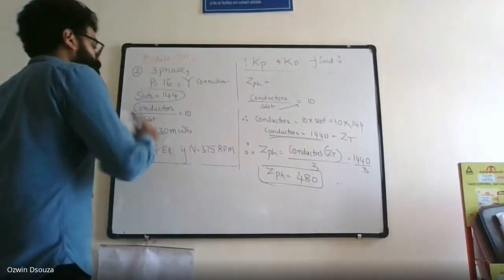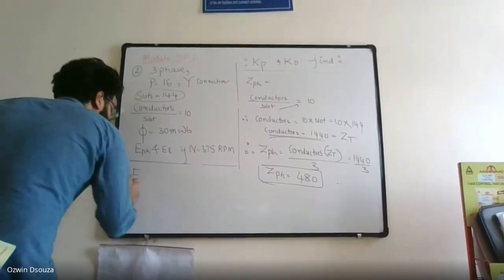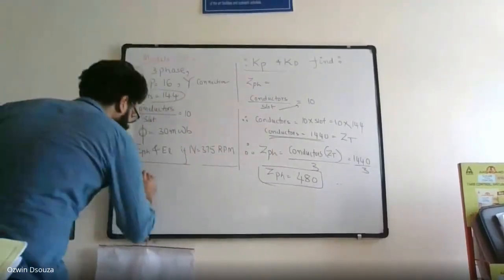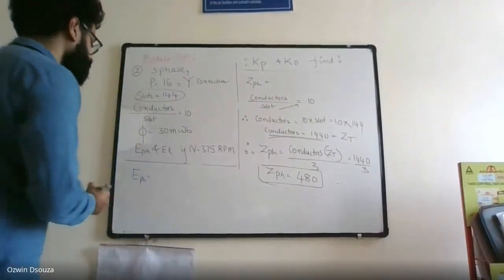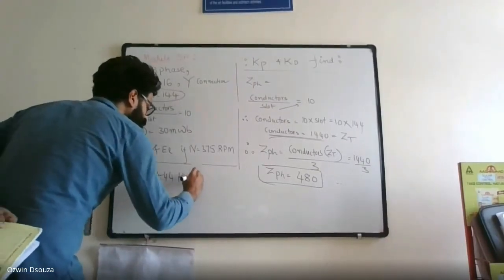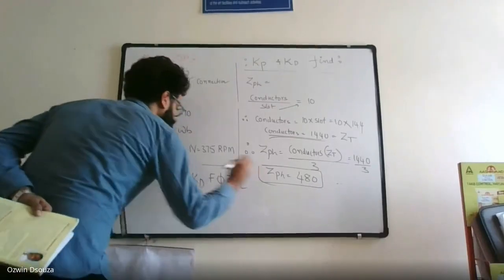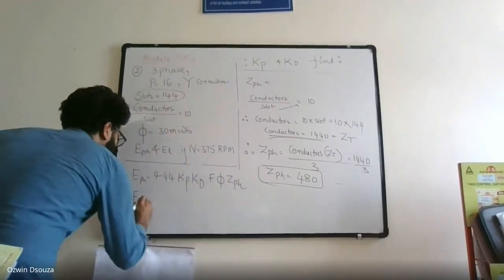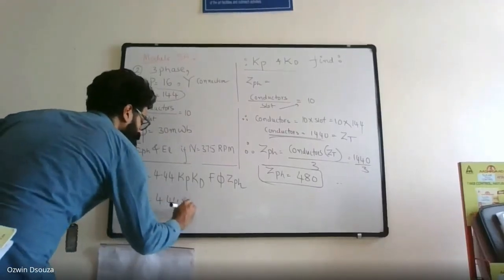Now you can find out the EMF. So induced EMF is always the phase voltage, because we derived the expression for phase voltage, E phase is equal to 4.44 Kp Kd f phi Z phase. So E phase is equal to 4.44 into Kp.